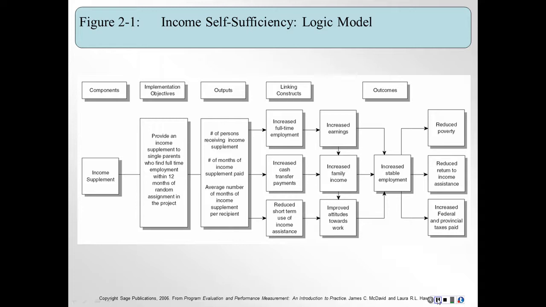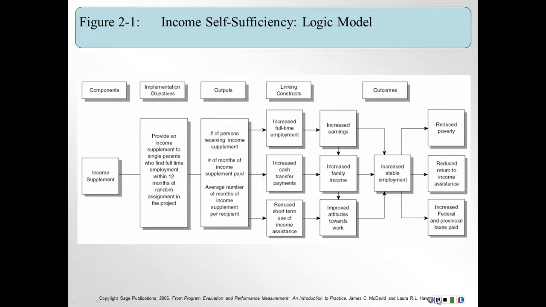We have implementation objectives, which is also a new idea, a new concept in these models. Implementation objectives refer to what is happening within the organization. These occur before the outputs. They're more as guidance to the process of how the component works. Outputs, again, the familiar, very concrete expressions, a number of people doing this, a number of months done that.